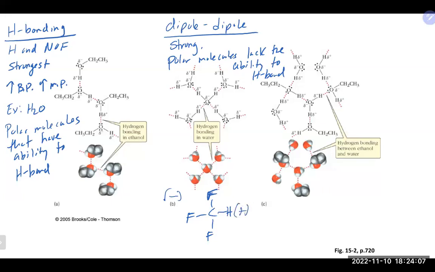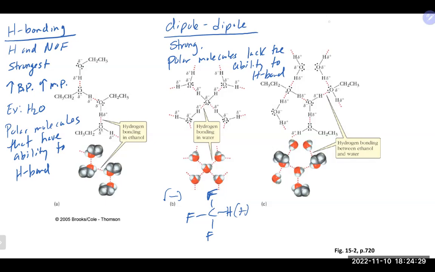And this molecule would use something like dipole-dipole interaction. It does have a hydrogen, but that is a hydrogen that cannot hydrogen bond because it's attached to a carbon and it's nonpolar. So it would only be able to use dipole-dipole interaction, and that would be its main intermolecular force.